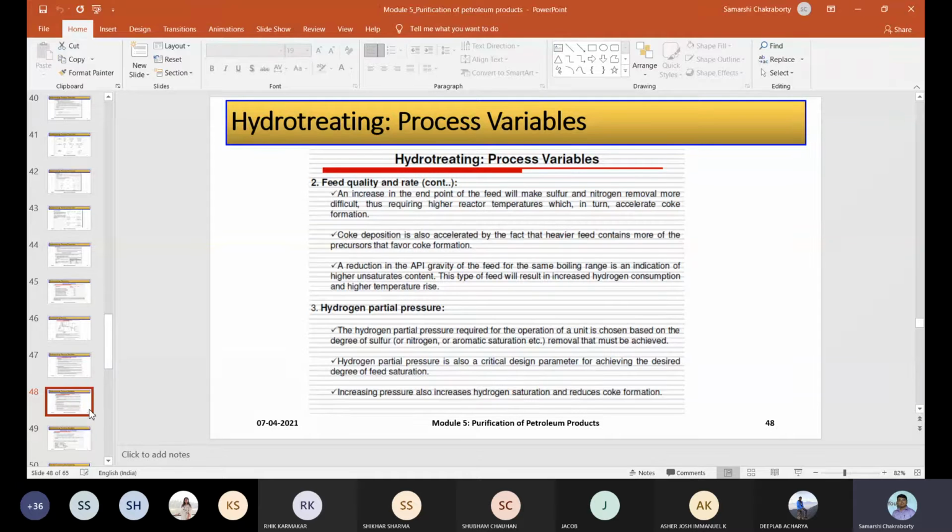Aromatics and olefins, these unsaturated hydrocarbons, have a quick tendency to form coke. But if you are dealing with lighter paraffinic petroleum products, even if you increase the temperature, there is less chance of coke formation.